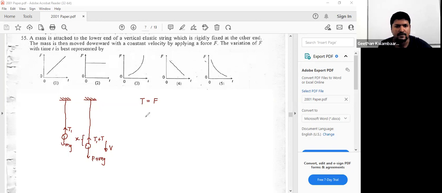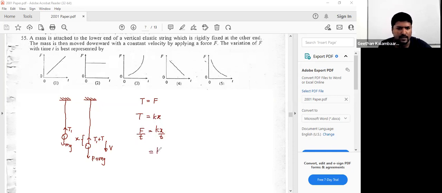So F is equal to Kx. When you divide both sides by time, what you get here is the velocity, and here an F and t relationship.